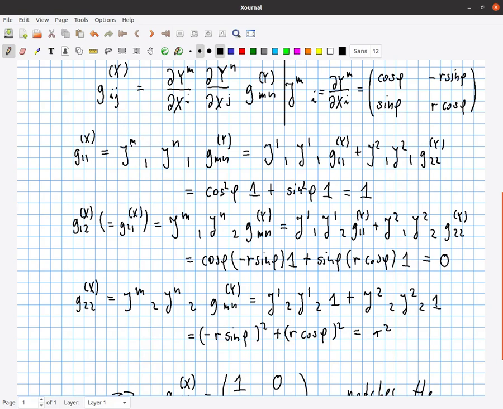Remember that an upper index corresponds to a column, and a lower index corresponds to a row. And matrix multiplication means that a column is applied to a row. But you see the G here has two lower indices. So that means that is more like two rows than a row and a column. So you can't really use the rules of matrix multiplication naively here. You have to be very careful.